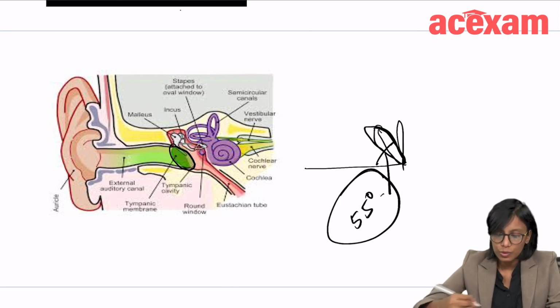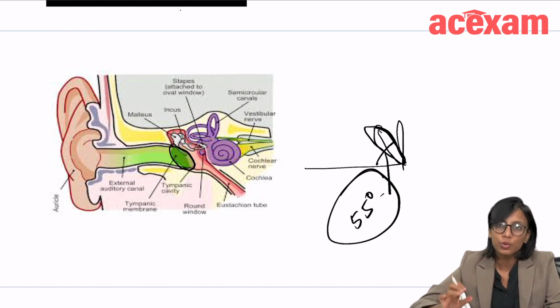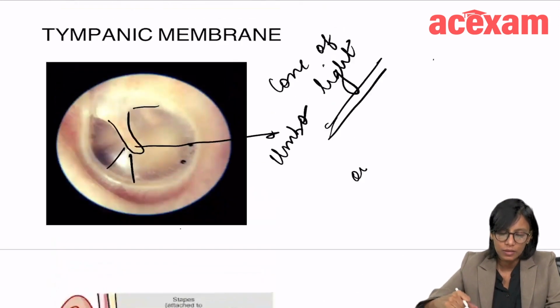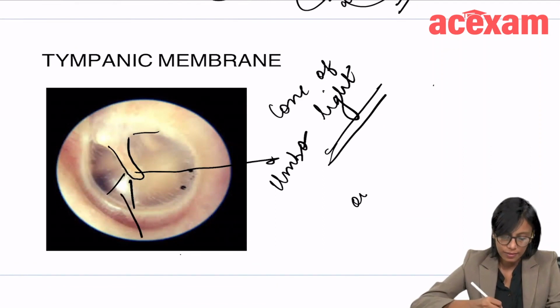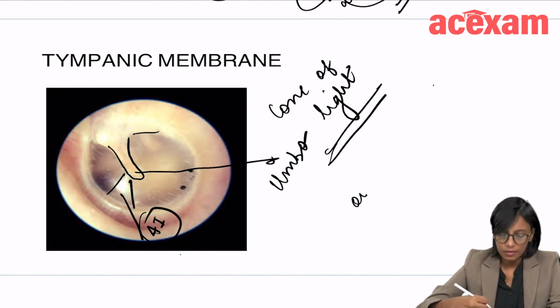That is why when you are examining, we show the light inside, that gets reflected at an angle, and there is a cone of light. So cone of light is there in the inferior quadrant. These quadrants we learn later.